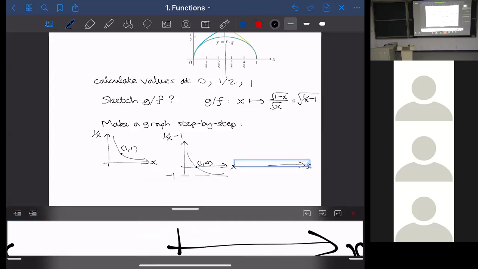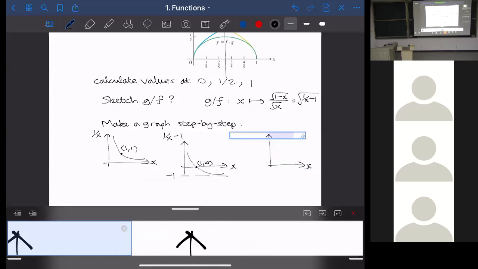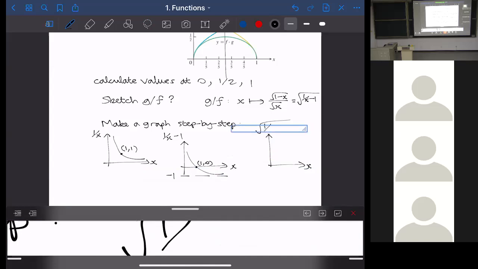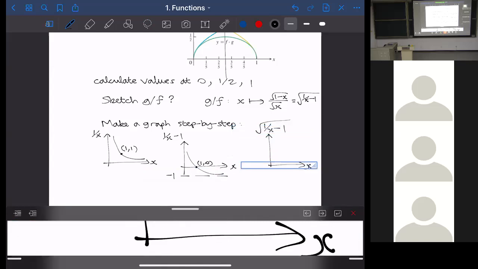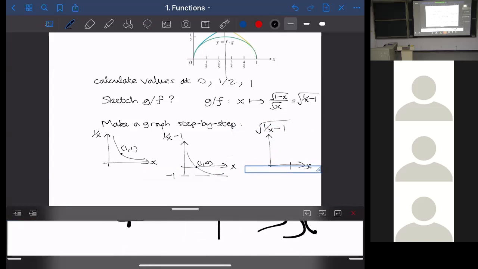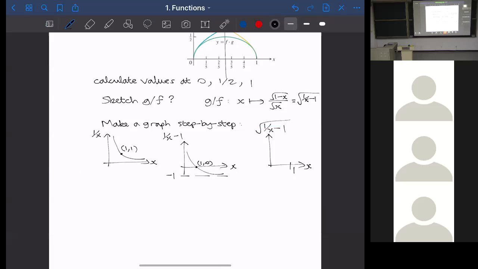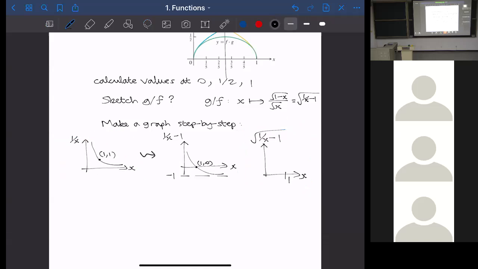So now, let's make a graph of the square root of this. We use the first one to get to the second one to the third one.